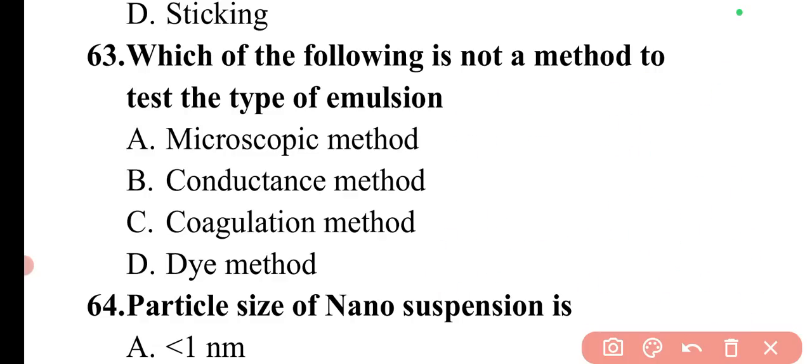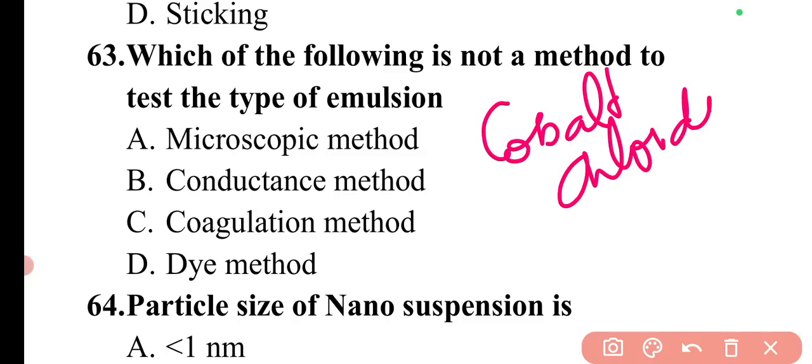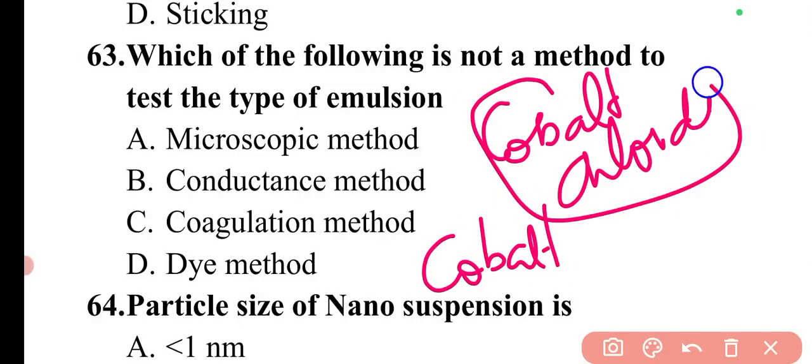Then there is another test, the cobalt chloride test. What happens in the cobalt chloride test? Cobalt chloride is used for identification.